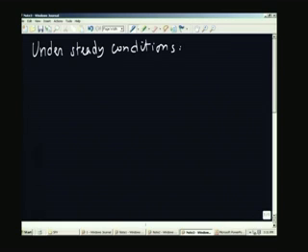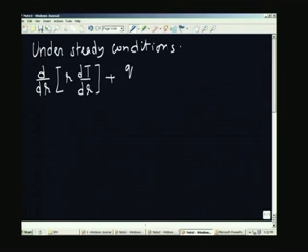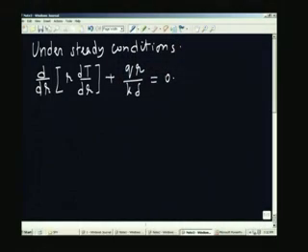We equate these two, and therefore I will get the following equation: d by dr of r dT by dr, simplified by removing some common factors, plus Qr by k delta equal to 0. This is the governing equation. So the temperature field is governed by a simple equation of this type, where Q is the constant heat flux which is being applied on one side of the gauge, the other side being assumed to be insulated.